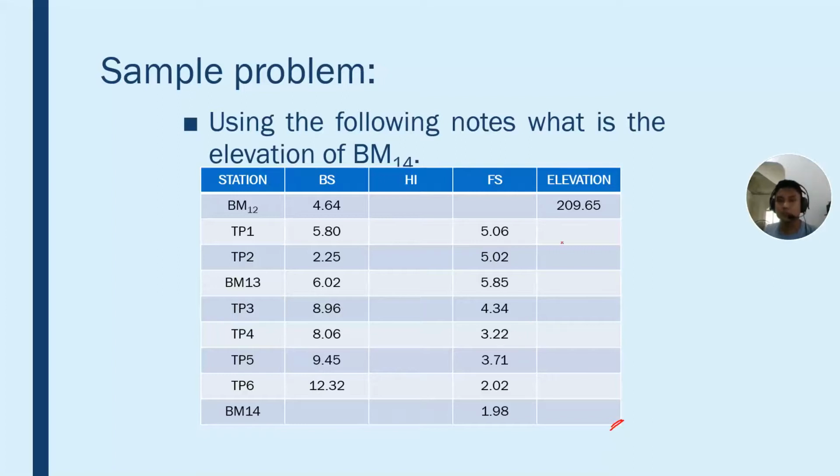So same solutions, same formula. Height of instrument is equal to the elevation added to the backside. And after determining the height of instrument, determine the elevation by subtracting the foresight from the height of instrument. So that's all.